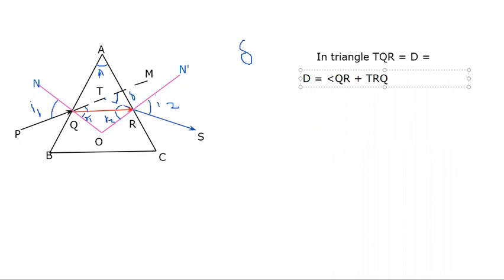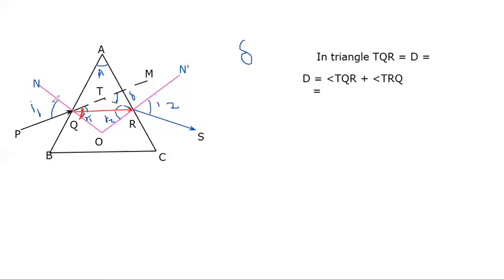Angle TQR plus angle TRQ. So what is angle TQR? This angle TQR. See, this is I1. So if this is I1, this angle and this angle are same.